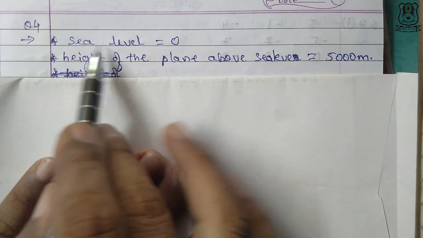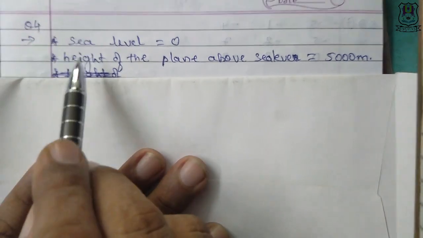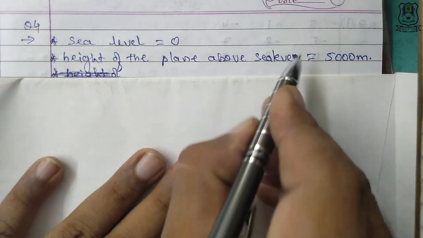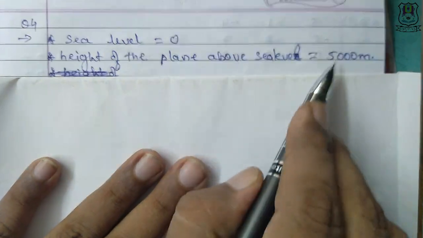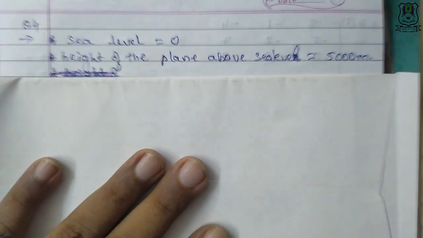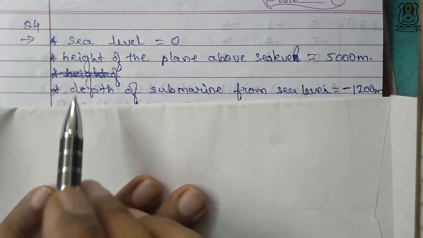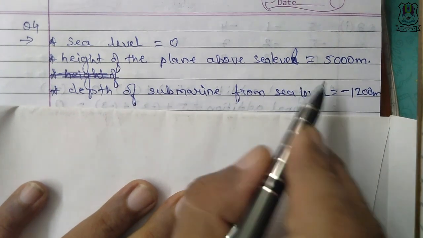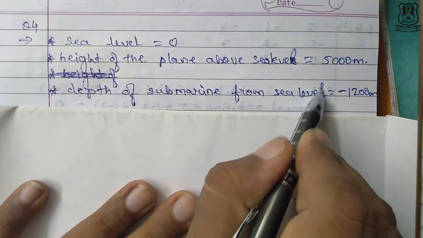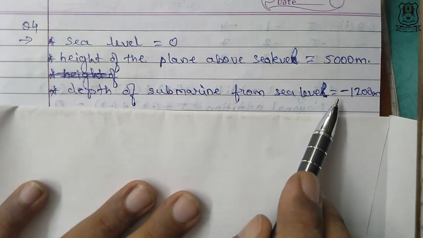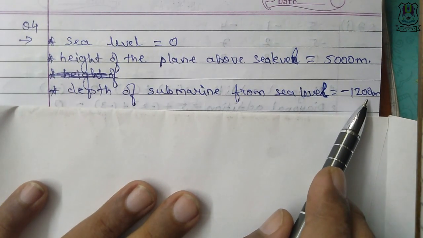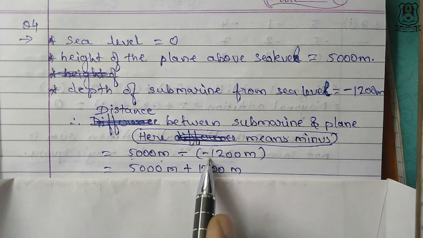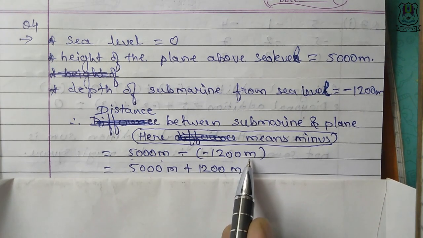First of all, we will write that the sea level is equal to 0 and the height of the plane above the sea level is equal to 5000 meters, and the depth of the submarine from the sea level is equal to minus 1200 meters. So the plane is at 5000 meters and the submarine is at 1200 meters.